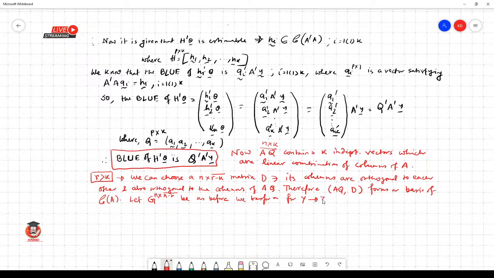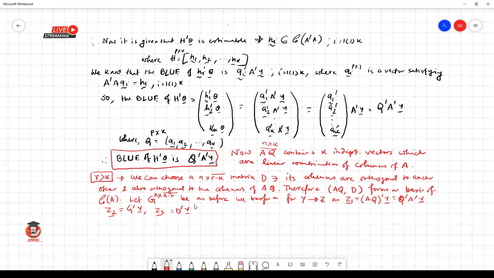y to z as z_1 curl equal to (AQ) prime y curl, which is equal to Q prime A prime y curl. So this part is a BLUE of H prime theta, and another vector z_2 which is G prime y curl, and z_3 which is D prime y curl.